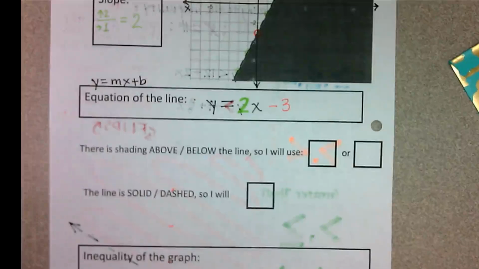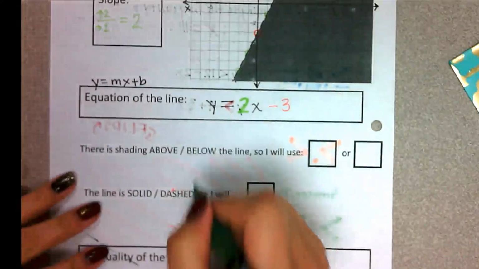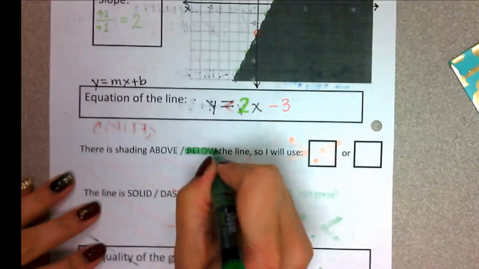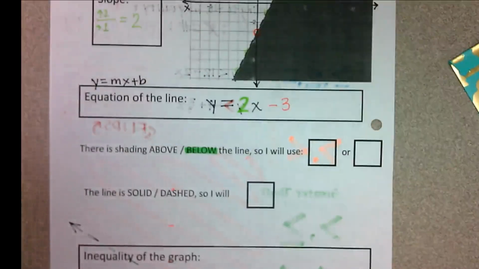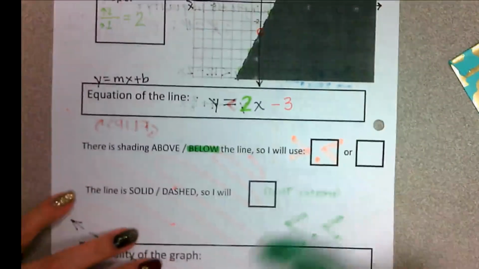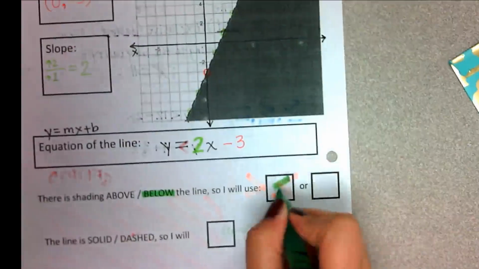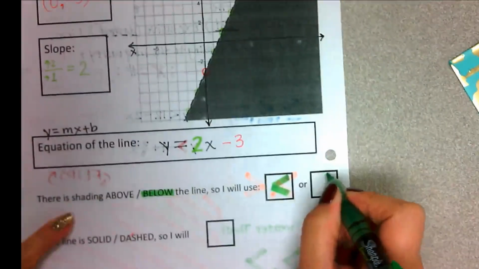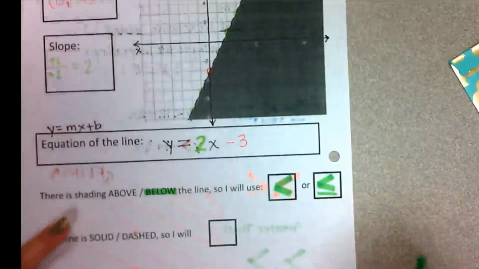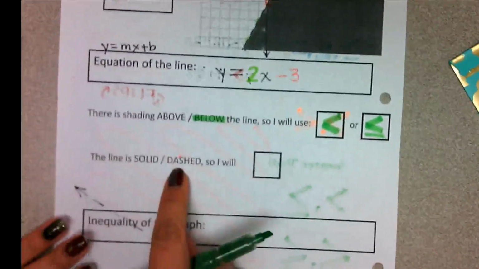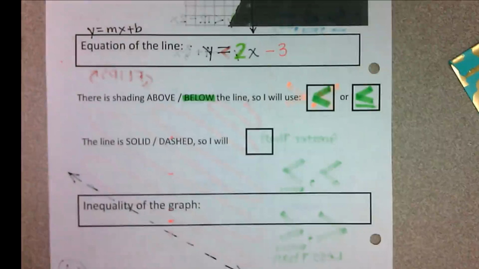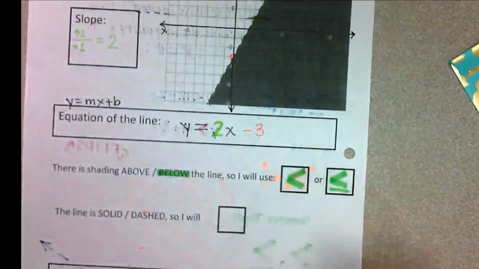did we shade above or below the line? Because I shaded below, that would mean I would use either of these 2 less than symbols. So I'm just going to fill in those 2 symbols here. Now, what kind of line do we have here?